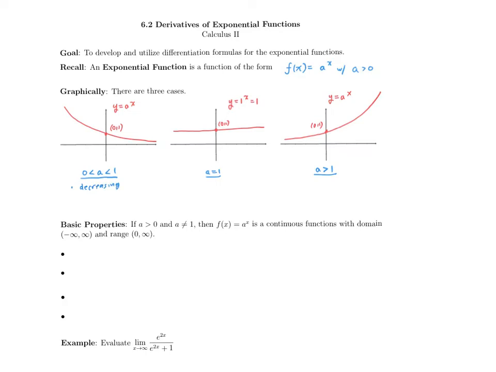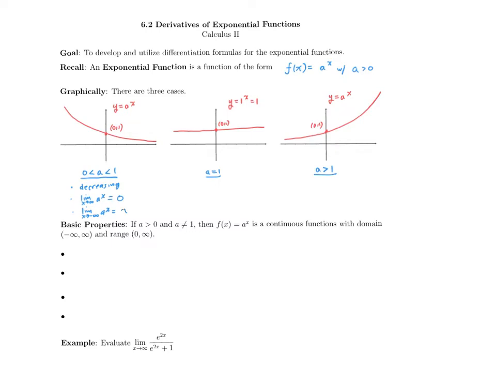And there's two limits of interest. There's kind of what happens way to the right and what happens way to the left. So note the limit as x approaches infinity of a to the x, that is what happens for very large and positive inputs, is 0. And the limit as x approaches minus infinity, that is what happens for very large and negative inputs, the function outputs are blowing up.